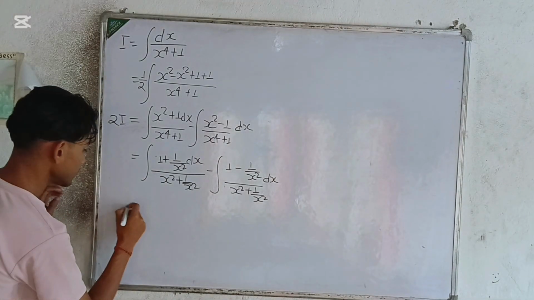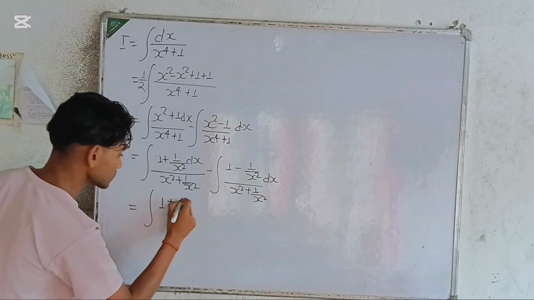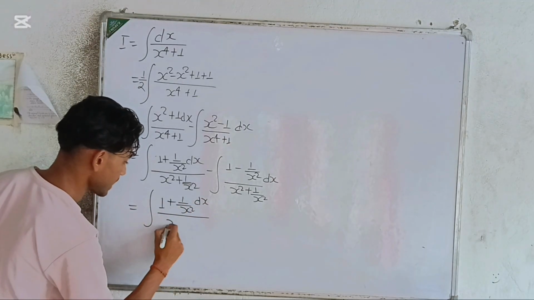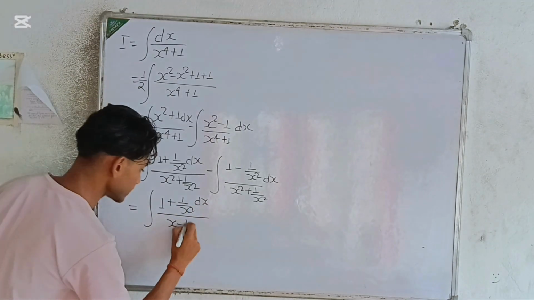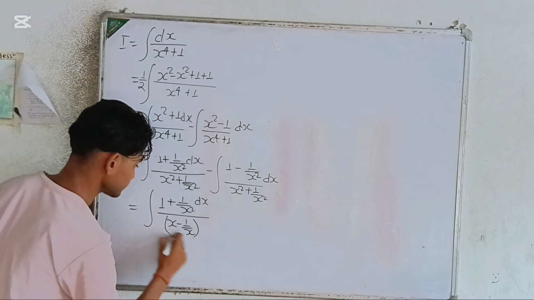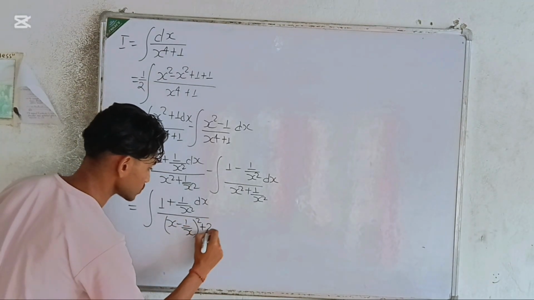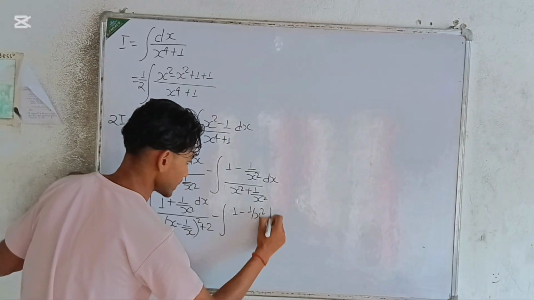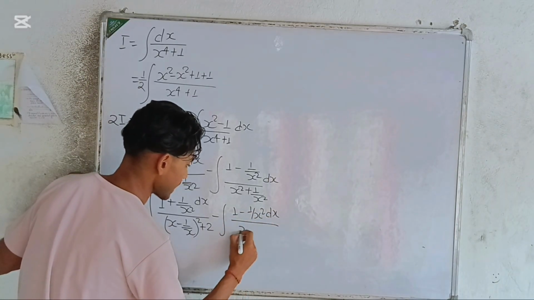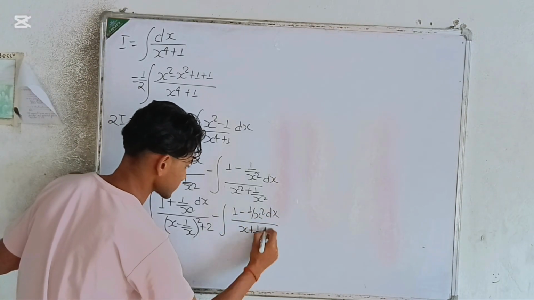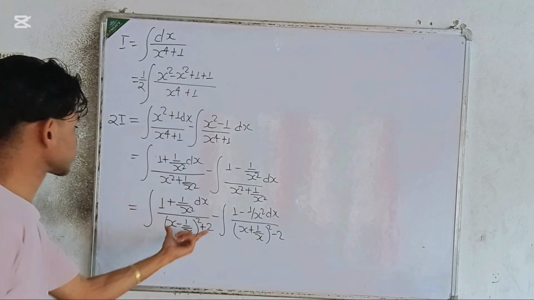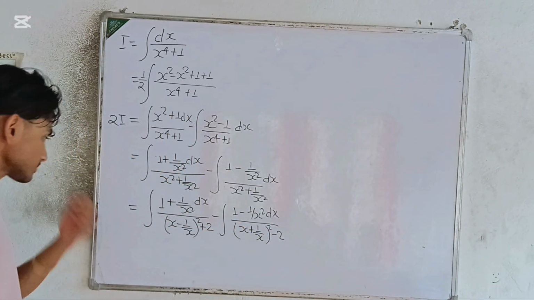So from here I can write 1 plus 1 over x squared dx over x minus 1 over x, whole squared, plus 2, and 1 minus 1 over x squared dx over x plus 1 over x, whole squared, minus 2. If you expand this, you will end up getting the same result as above, right?